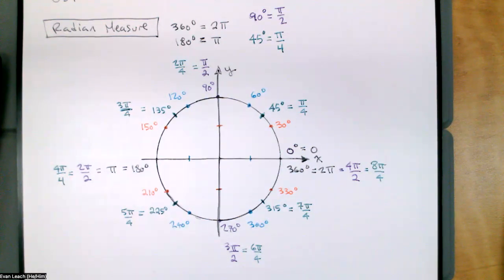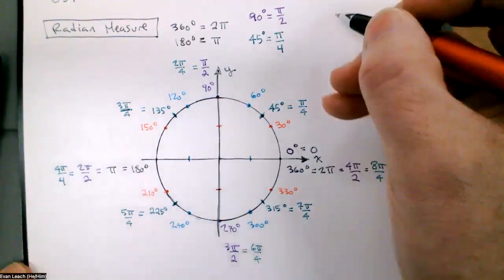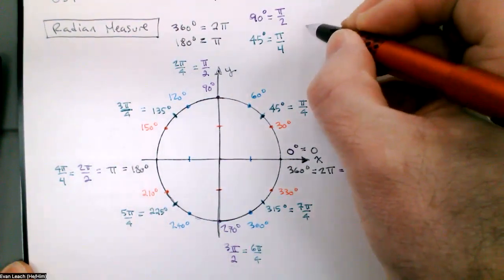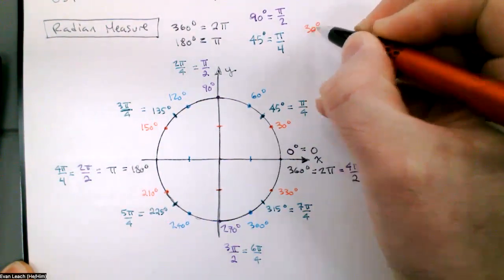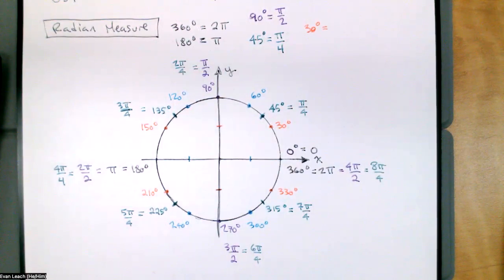Now we're going to grab the 30s and the 60s. For the 30s, I'm going to take my 90 and divide it by 3. So from 90, I'm going to branch off to make 30 degrees. I need to divide by 3 to get down to 30 degrees. How do I take pi over 2? What happens when I divide that by 3?